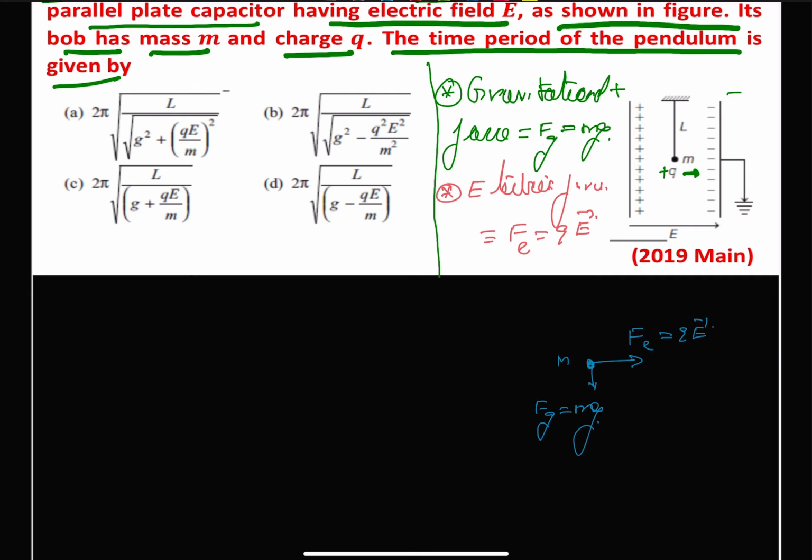Now here both the forces, our Fe is perpendicular to our Fg. So we can just draw our Fe and our Fg.